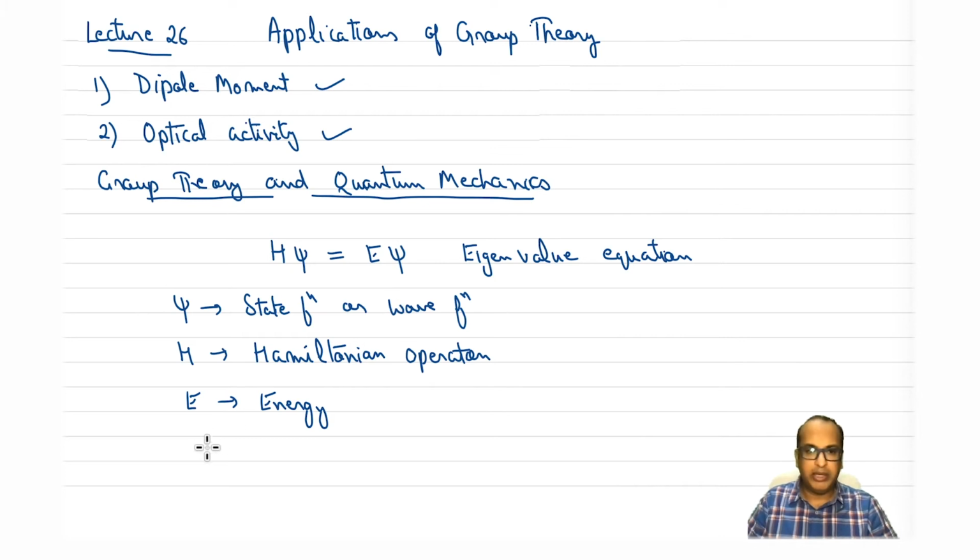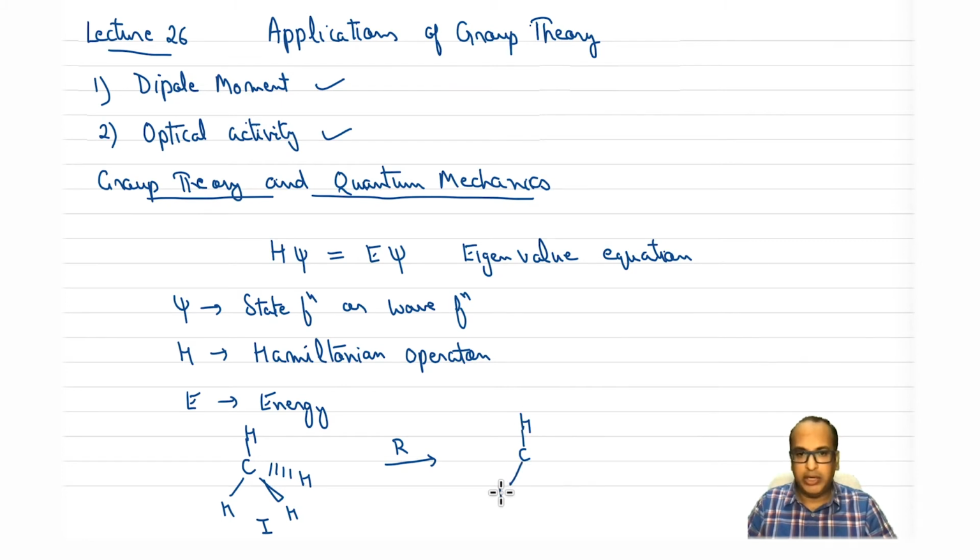So what do I mean by that? Let's say we have a molecule, let us take the example of methane, and let's call this configuration 1. If I do any symmetry operation R, it goes to an equivalent configuration, and let's call this equivalent configuration 2. Now let's say the symmetry operation is C3.